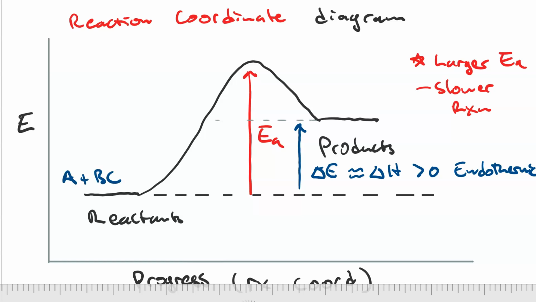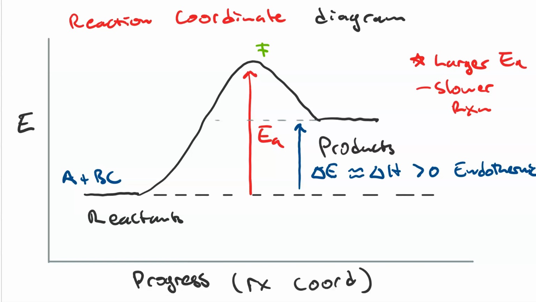So on the reactant side, we have atom A and molecule BC. Up here at the very top, we have what's called a transition state. We symbolize that with this double dagger symbol. And in the transition state, the bonds that are going to break are halfway broken.